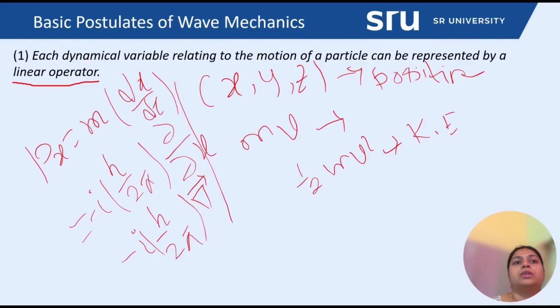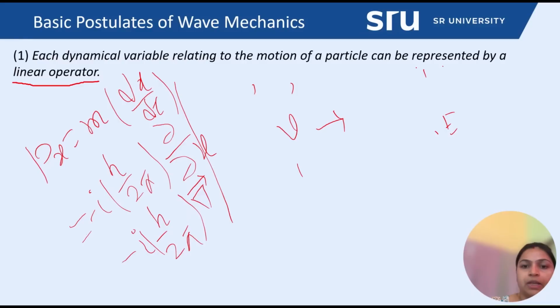Similarly for the angular momentum, we know the angular momentum is defined as r cross p.